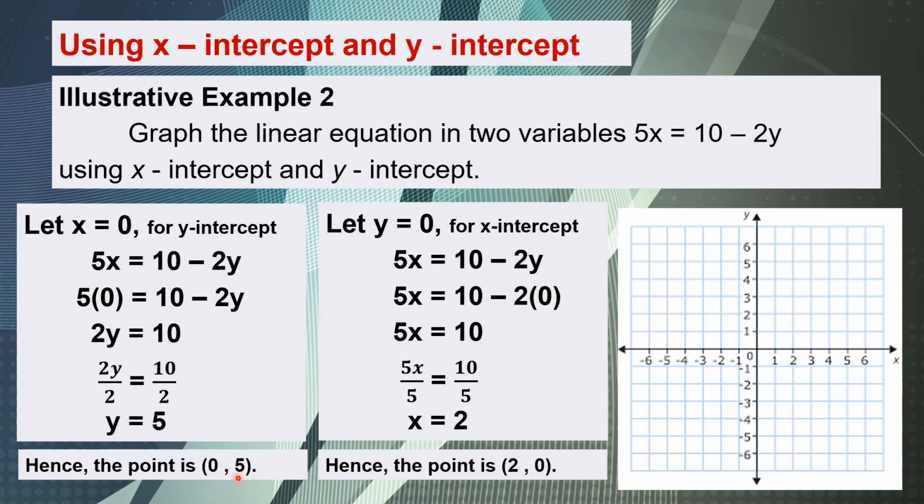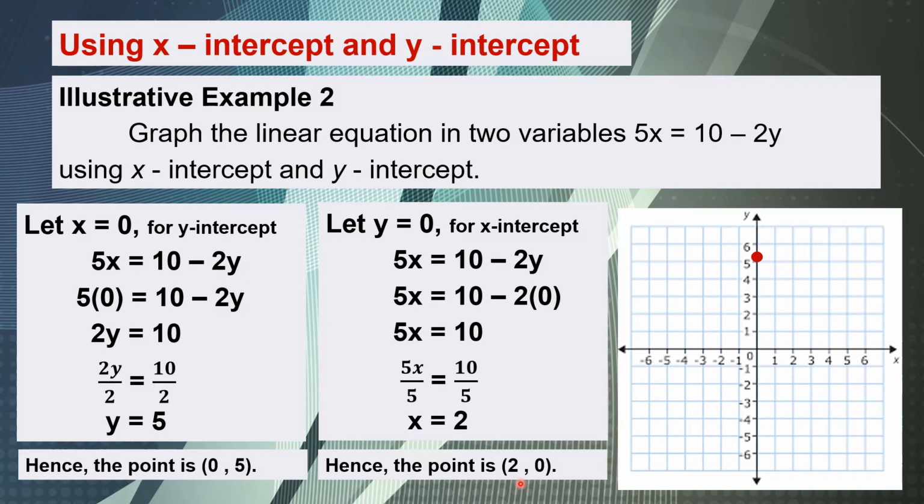So, (0, 5), hanapin lamang ang 0 sa ating x-axis. So, ang 0 sa ating x-axis ay andito. Then, yung 5 sa y-axis. Ayan. So, yung ating point ay andito. So, as you can see, nakatapat siya sa 0 ng ating x-axis at nakatapat sa 5 ng ating y-axis.